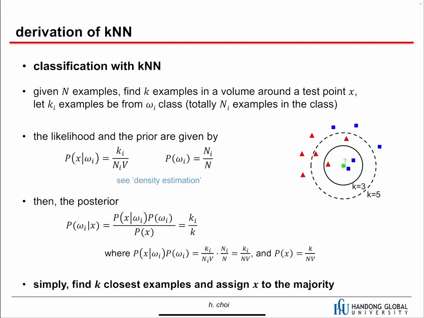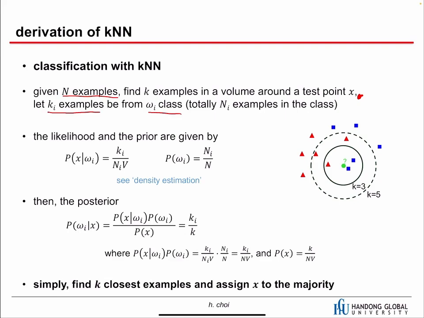So let's derive KNN first for classification. Given n samples, we have to find k examples in a volume around the test point x. So far it is the same as KNN in density estimation. And then here is the difference. Let k sub i examples be from class i.